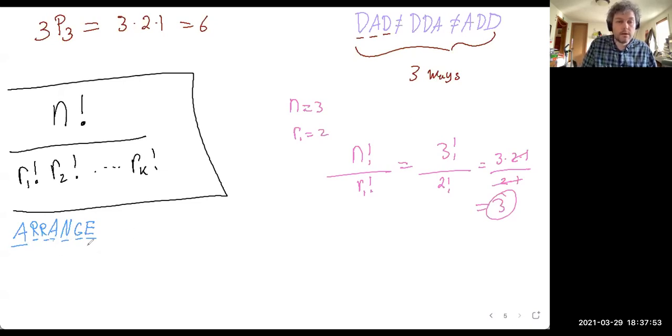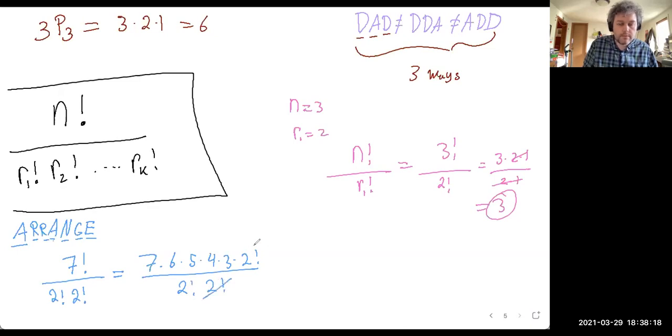So I claim the number of ways to rewrite this is 7 factorial over the amount of repeats. Again, we have 2 A's, we have 2 R's, so this should be good. So 7 factorial, 7 times 6 times 5 times 4 times 3 times 2, over 2 factorial times 2 factorial.